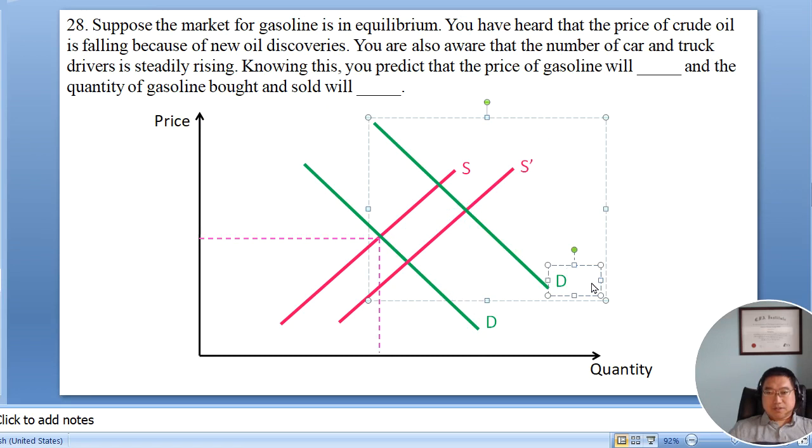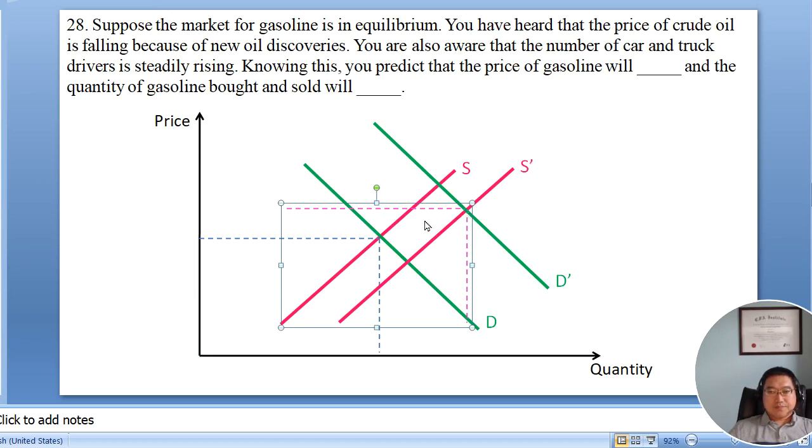Let me mark this demand to make sure it's the new demand. So in this case, you have higher equilibrium price, higher equilibrium quantity.